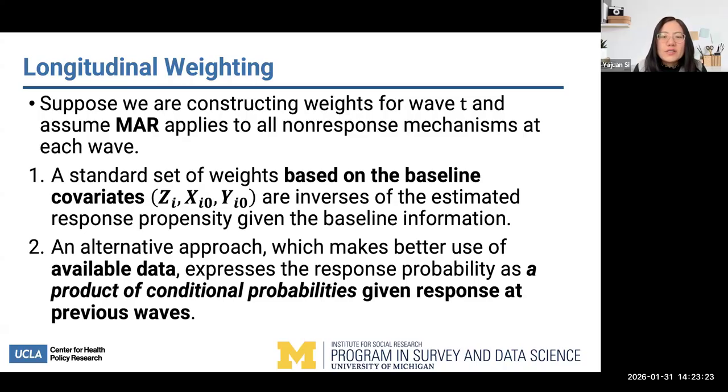And after this prediction, we use the inverse of the predicted response propensities as the weights. So you can see that by only using the baseline information, we are not accounting for or including other data of the same participant if they have participated in more than, say, 2 waves.